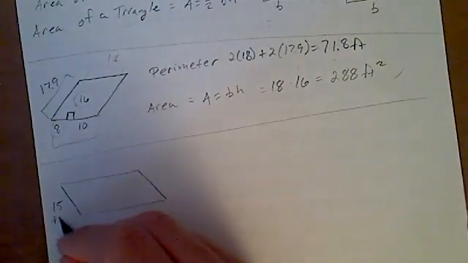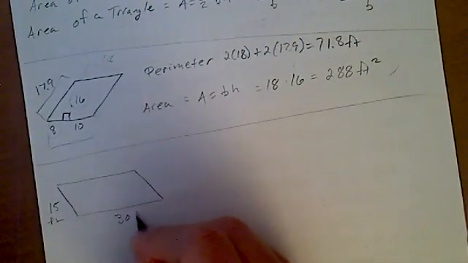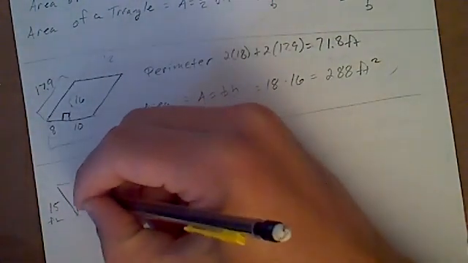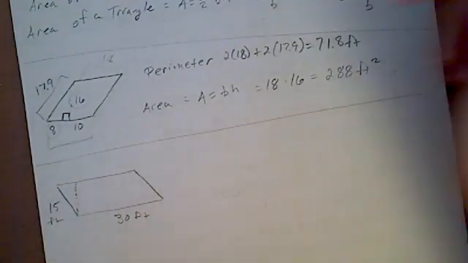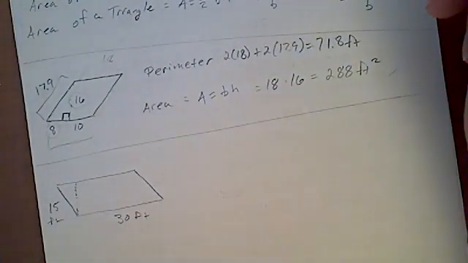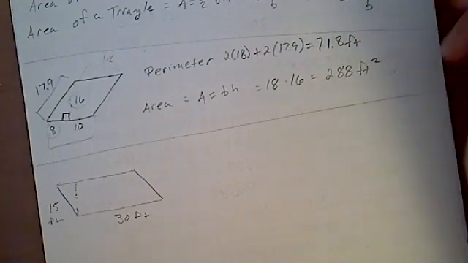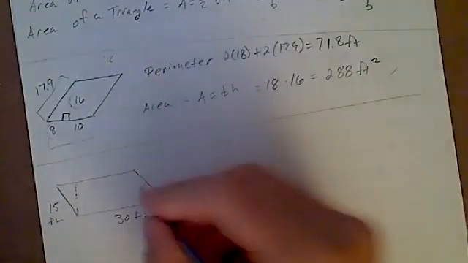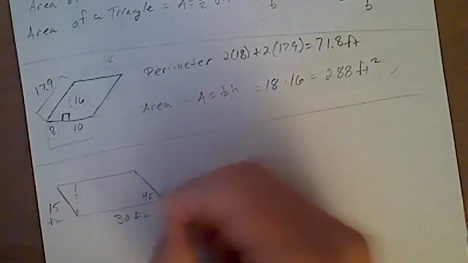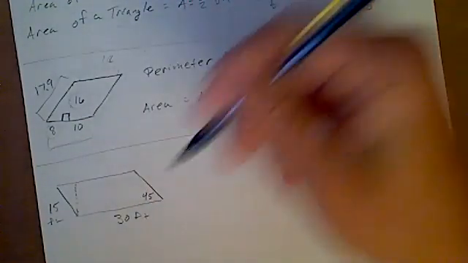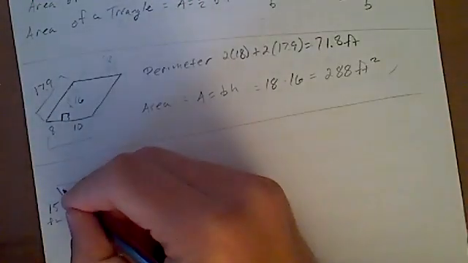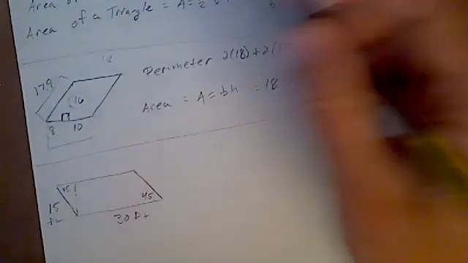15 feet, 30 feet, and this time it's not going to give us the height. It does, however, tell us that this angle here is 45 degrees. Since this is a parallelogram, this is also 45 degrees.